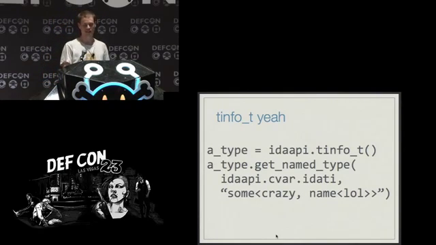Where it says some crazy name, you can actually put in any string, and it'll create a tinfo_t that has that name. And depending on whether you actually have a local type with that name, when you apply the tinfo, you get different results.